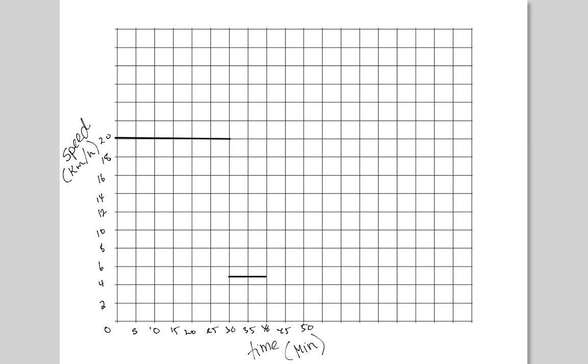How do you go from 20 kilometers an hour to 5 kilometers an hour in no time at all? It's just an oversight. We're ignoring the accelerations, because it's constant speed for 20 minutes, and then it's another constant speed for 10 minutes. What should there be? There should be a line connecting here to here. Okay?